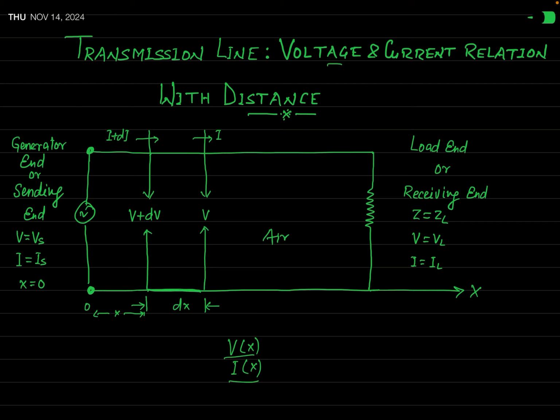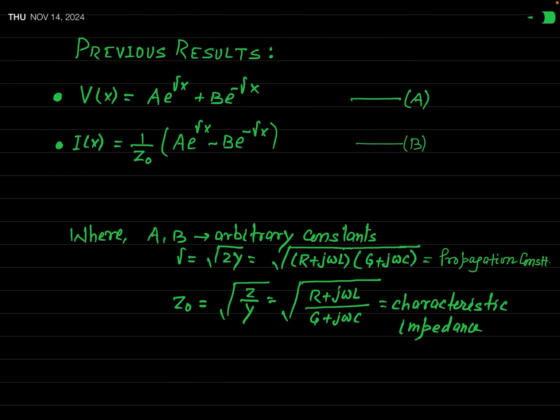Since we will need the line equations for this discussion, I have mentioned here the two final results of the previous lecture. We have seen that V of x, that is voltage as a function of x, where x is measured from the sending end or the generator end, is given by A times e to the power gamma x plus B times e to the power minus gamma x.